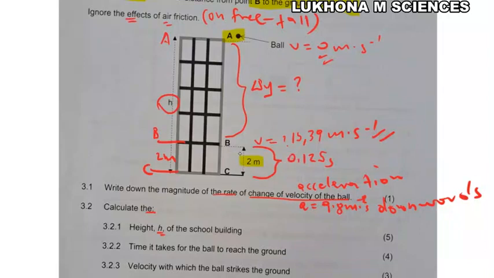We have two options. We can use the time to reach the ground from here, which means we are going to calculate the time it takes to reach B. Then we add 0.12 because this is the time 0.12. We need delta t in this path.